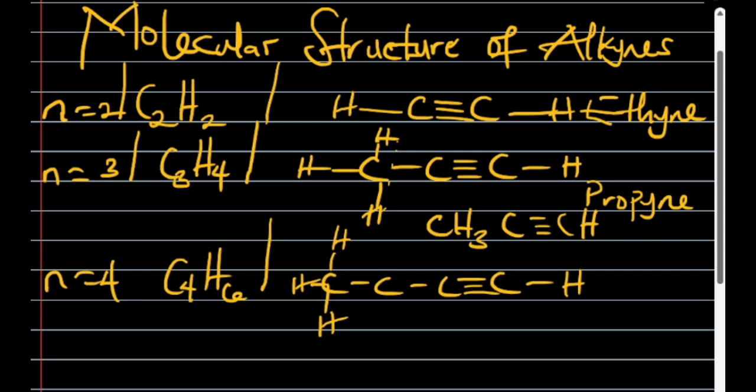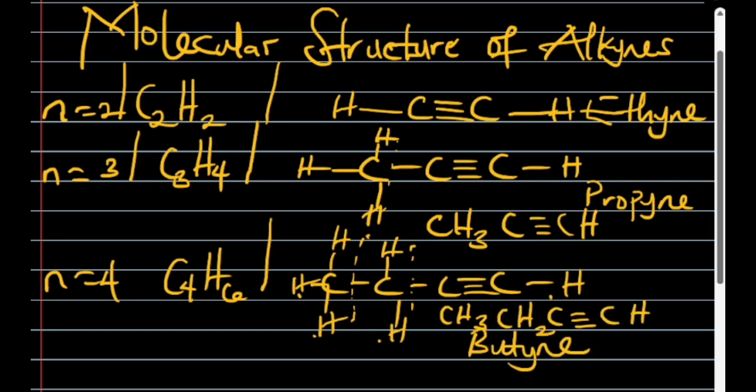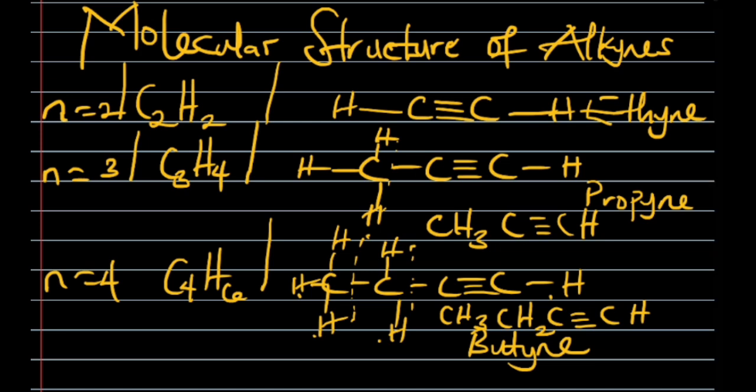In a nutshell, we have CH3, then CH2, then C, triple bond, CH. This is named butyne. If we are given any compound under these alkynes, you need to look at the formula given to you before you can predict the structure.